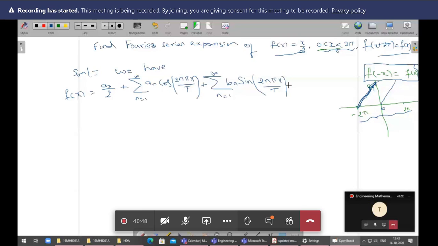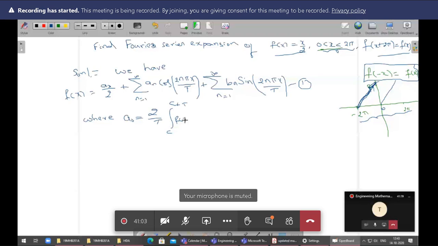and here a naught is defined as 2 by t integration from c to c plus t f of x into dx, and a n is 2 by t integration from c to c plus t f of x into dx. Sorry, what is that actually? It is not just dx.